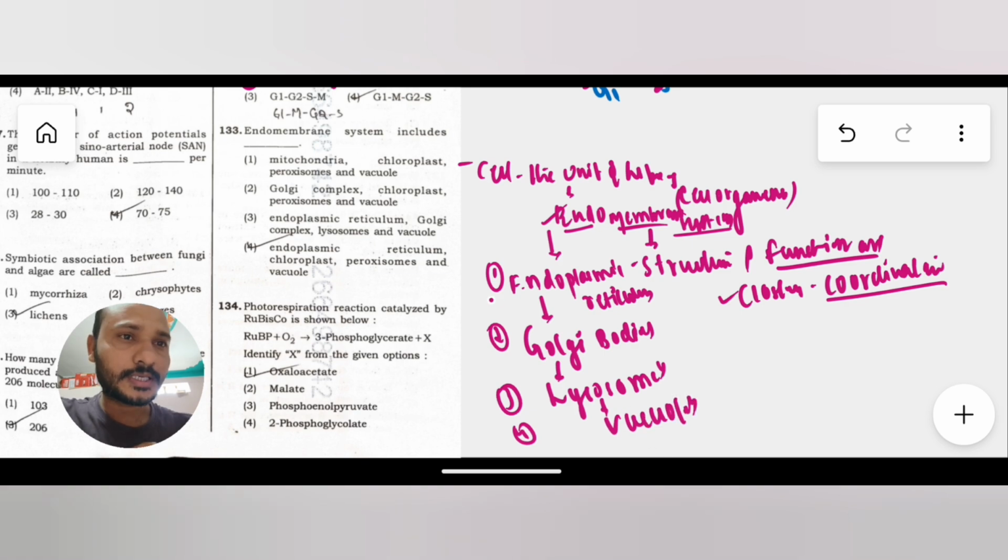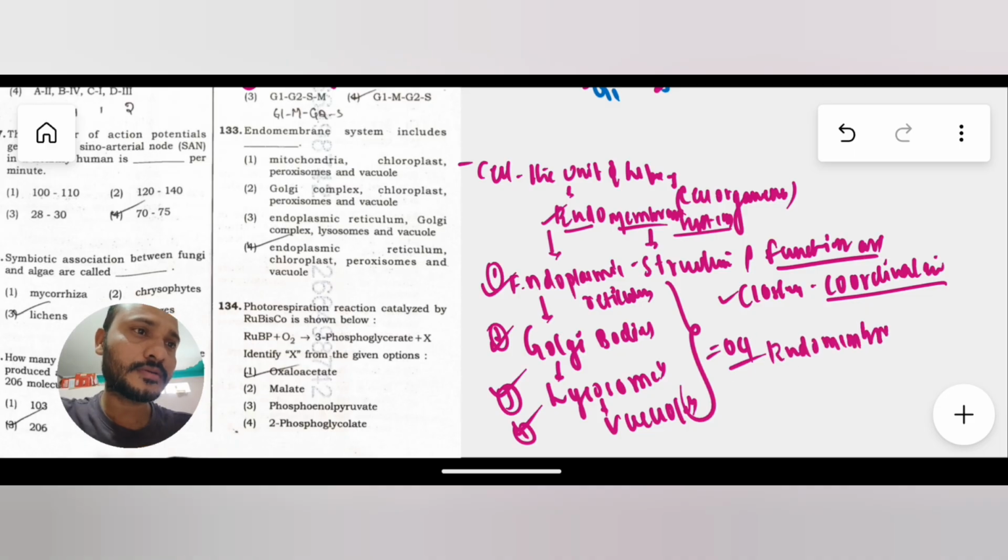So the endoplasmic reticulum, Golgi bodies, lysosomes, and vacuoles are structurally and functionally closely coordinated and perform important roles in the cell. Hence these four organelles together are called the endomembrane system. Very important.